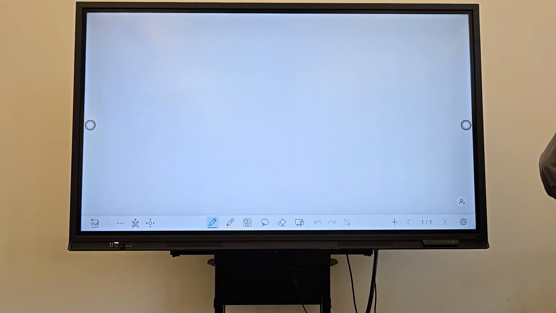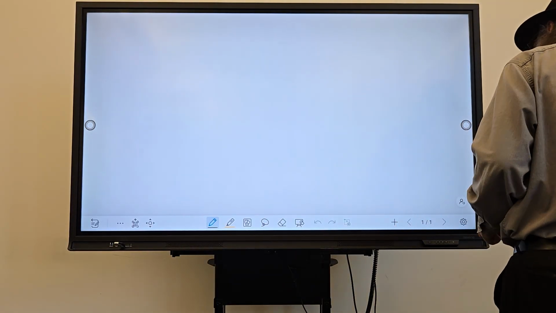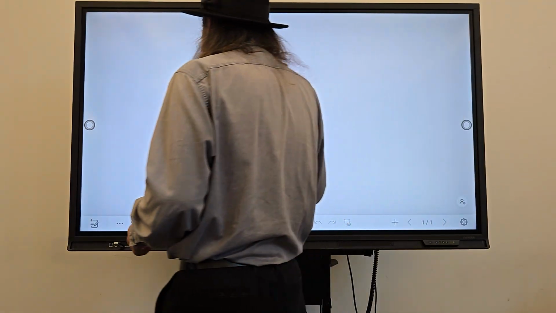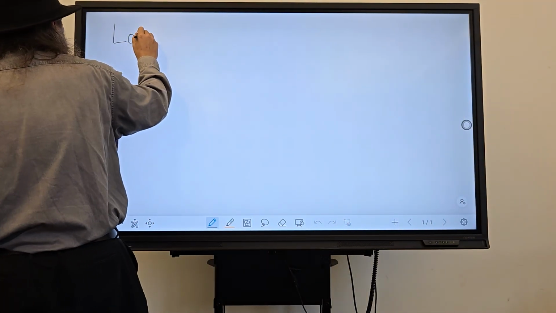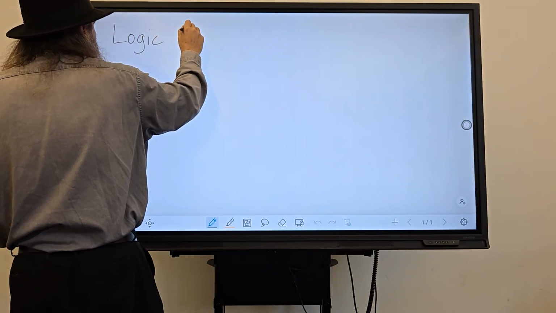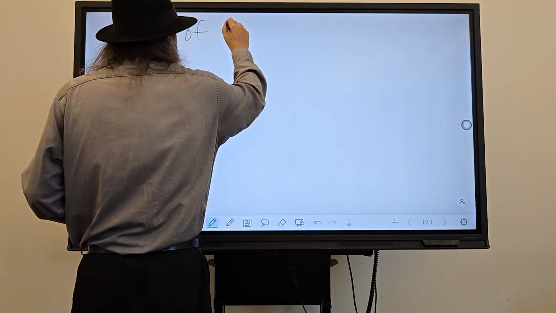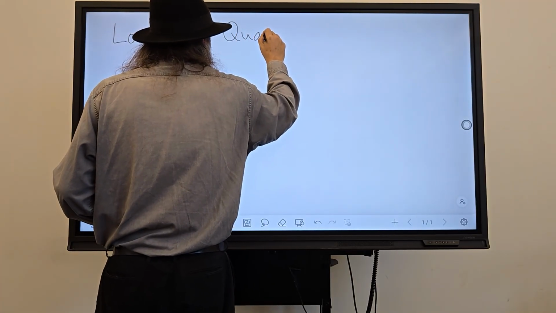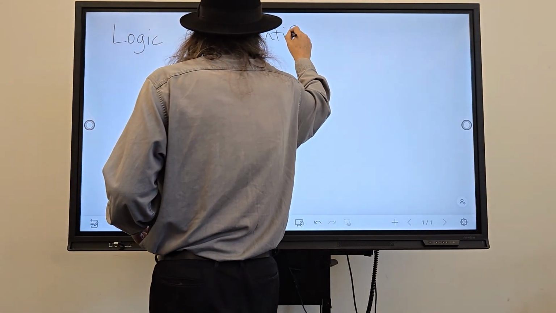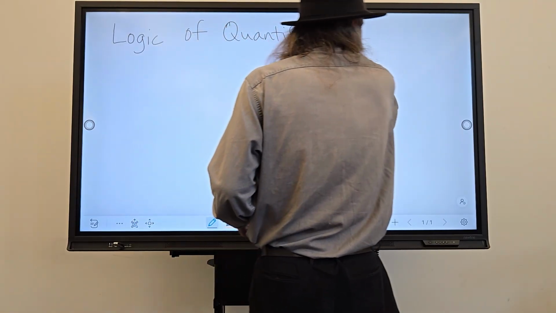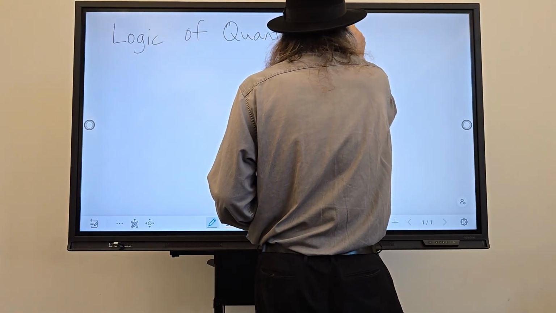Chapter 3 is the logic of quantified statements.